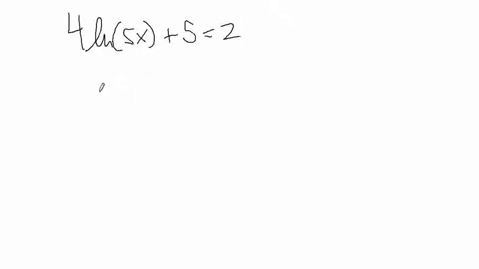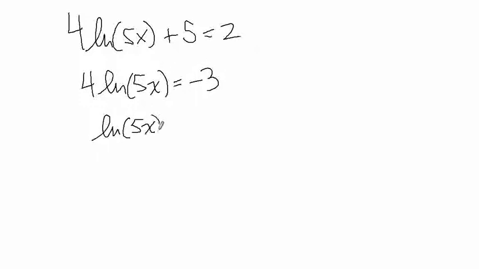All right, so I'm going to first move the 5 to the other side. Then I'm going to divide both sides by 4. Okay, now I'm going to try to get the right side into an equivalent that has a natural log.